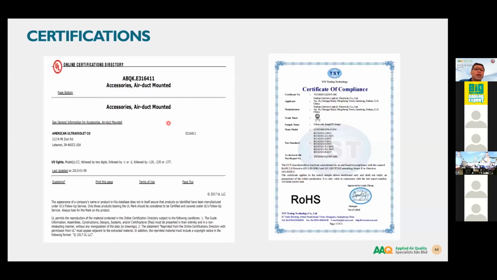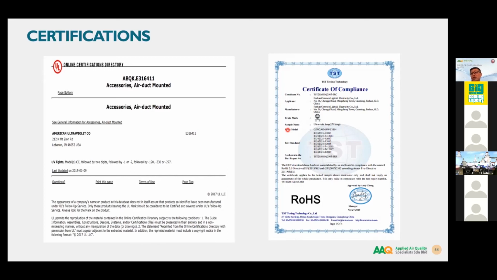Okay, so if you are looking into products, equipment, for example like UV GI lamp, of course we have to look into safety. We have to consider safety because safety plays a very big important part. Okay, because let's say for example when we propose to install in the AAQ, we have to look into the safety factor.